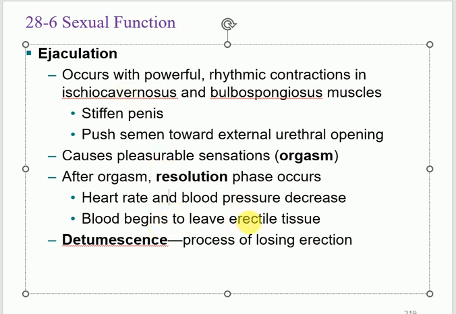Now the penis returns back to its original status, which is called detumescence. Detumescence is losing erection. It's not stiff anymore. It returns back to the normal shape.